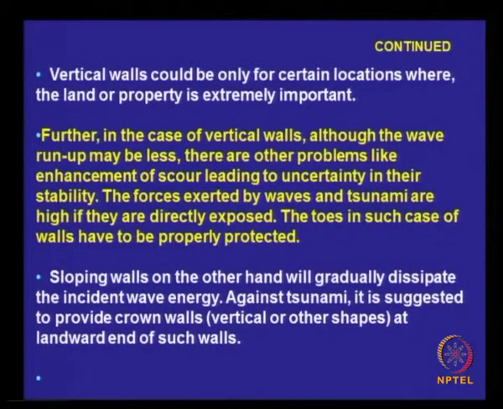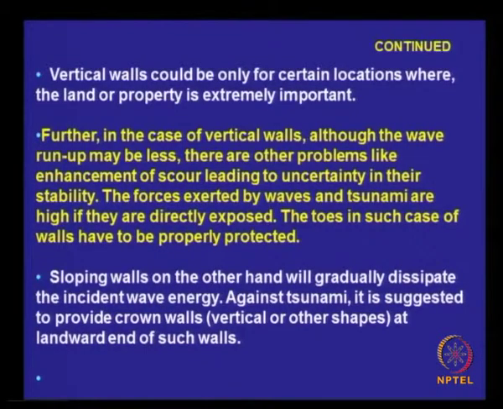Vertical walls should be constructed only at locations where the land or property is extremely important. Further, in the case of vertical walls, although the wave run-up may be less, there are problems like enhanced scour leading to uncertainty in stability. The forces exerted by waves and tsunami are high if they are directly exposed to them.